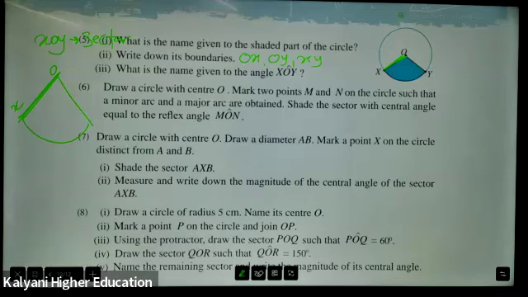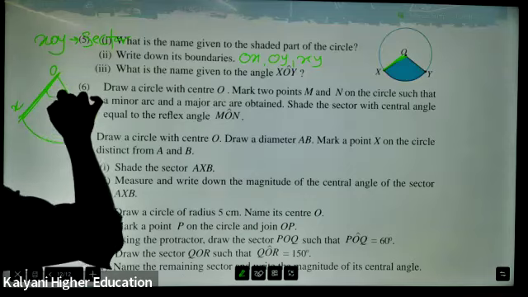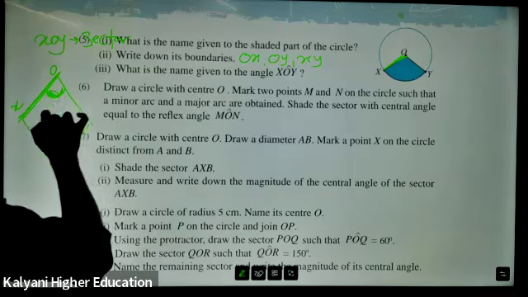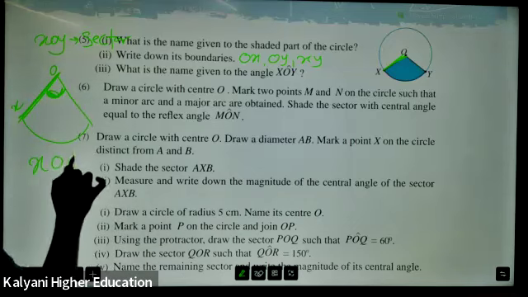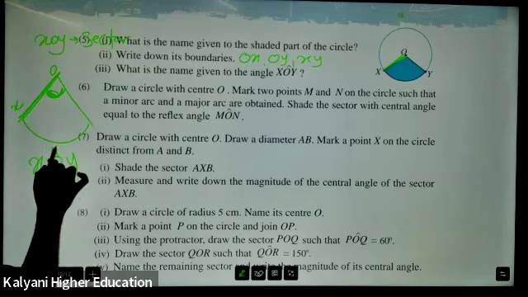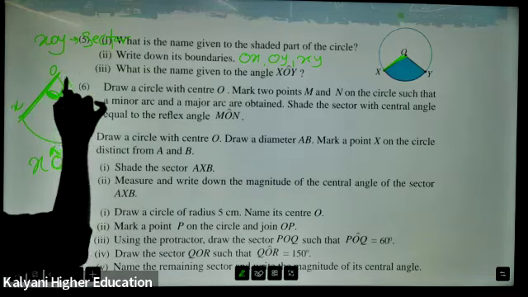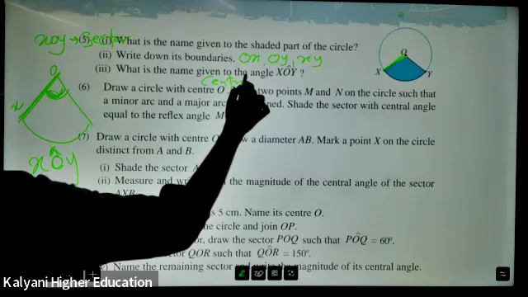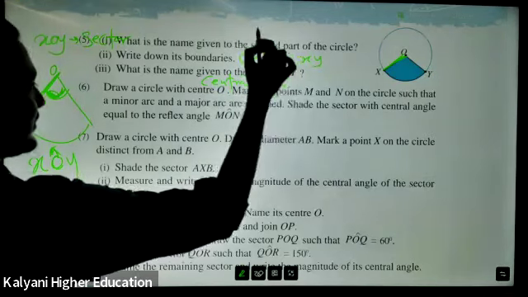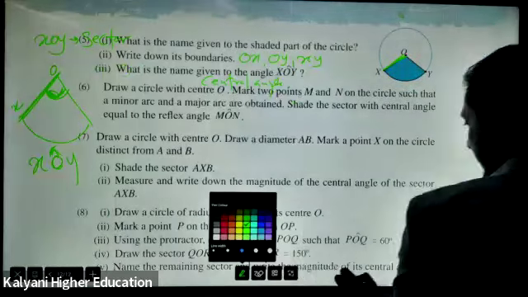What is the name given to the angle XOY? XOY means this part, X, O, Y, and they put a cap here. That means they're asking something about an angle. Which angle? Central angle. When you answer this, it's better to answer like this.